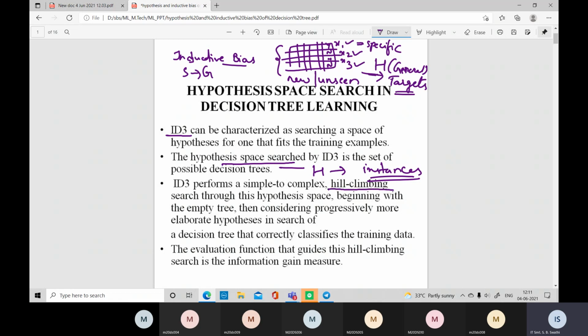In artificial intelligence, if you have read, you will be having different types of searching techniques. Hill climbing, steepest hill climbing, ridge hill climbing. A lot of searching techniques are available in order to find out the solution from root node to leaf node. Whenever you are finding the solution using a tree structure, we have these different types of searching mechanisms. So among these various searching mechanisms, ID3 uses this hill climbing search.